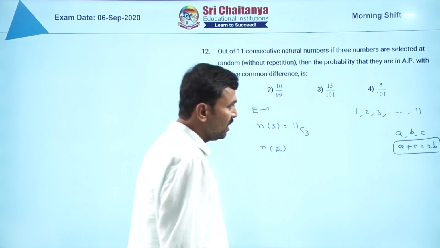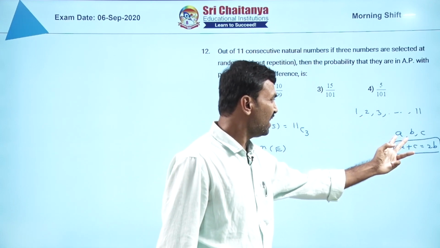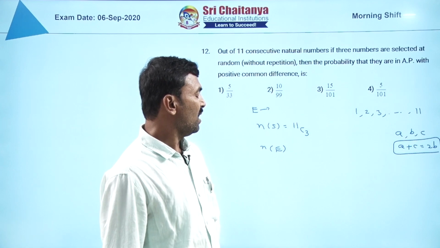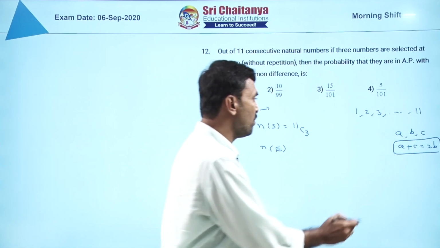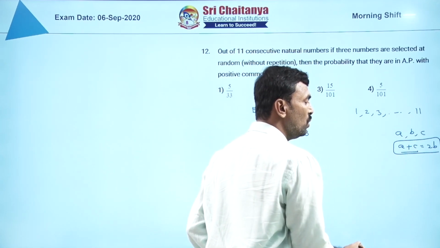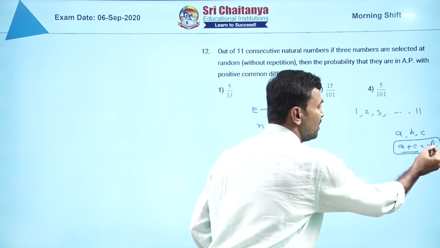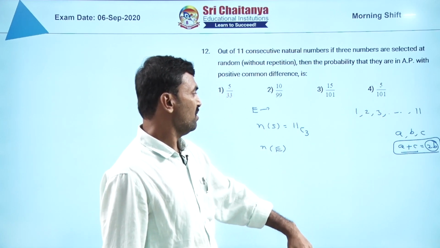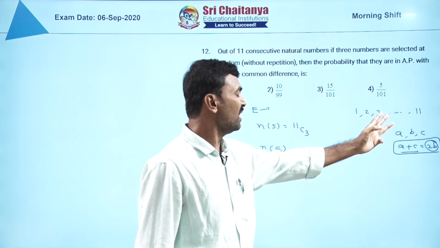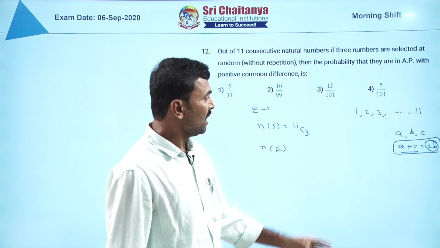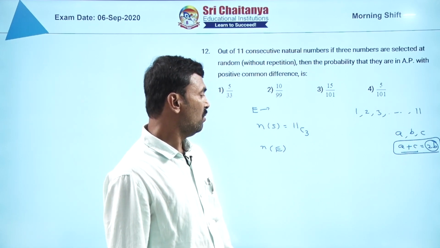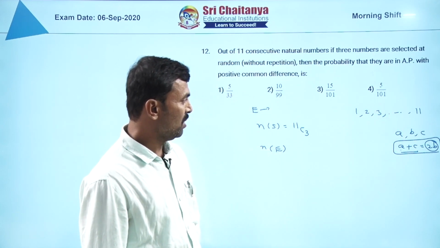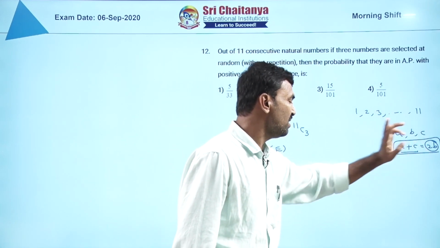That means selecting 3 numbers from 11 numbers is nothing but the number of ways of selecting 2 numbers so that their sum is an even number.